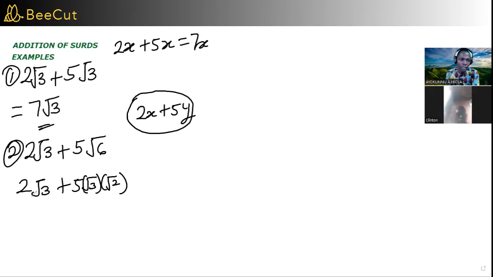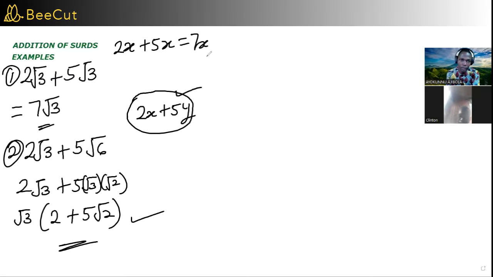Yes, sir. So you now factorize and see what is common, only root 3, right? Yes, sir. Then 2 plus 5 root 2. So this is the only thing that is possible there. Okay? Because you've factored out root 3. So take note of that. I purposely leave this here so that you can refer to them.